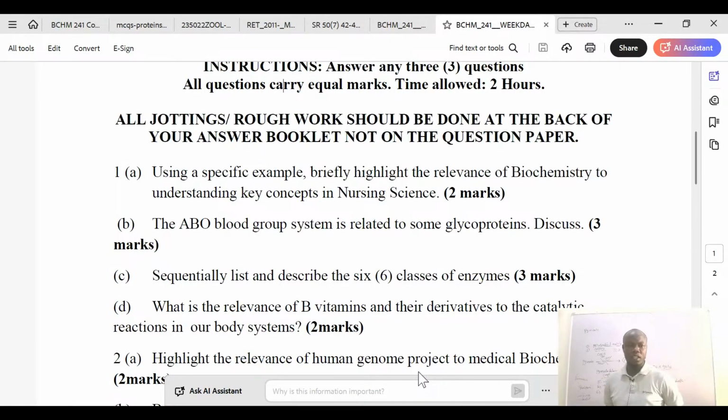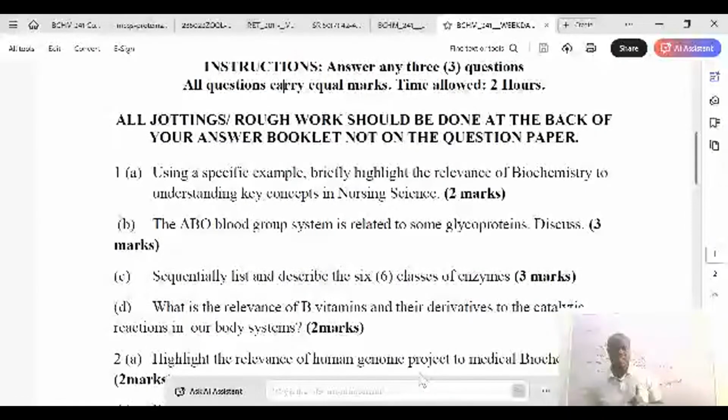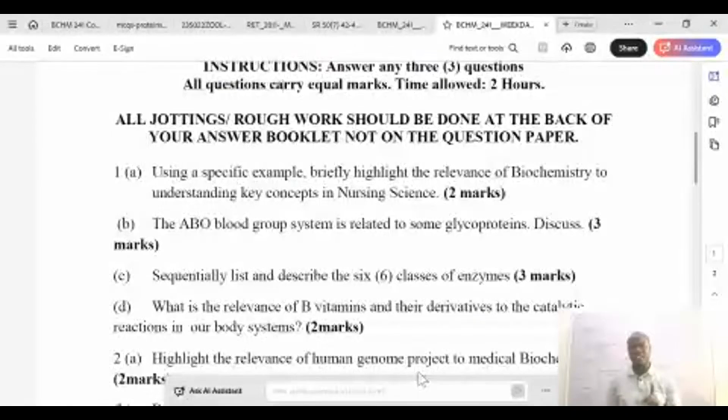We discussed that. Then sequentially list and describe the 6 classes of enzymes. We answered this. What is the relevance of reactions in our body system? If you remember vividly, last time we got question 1 to D.